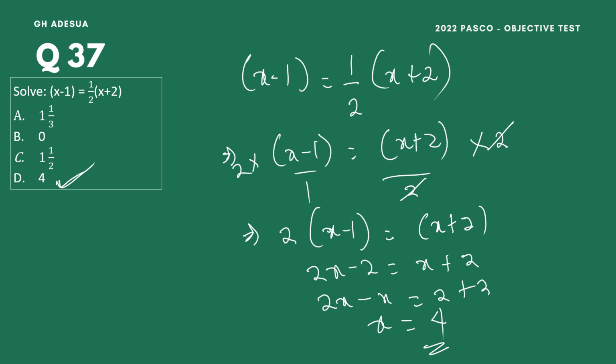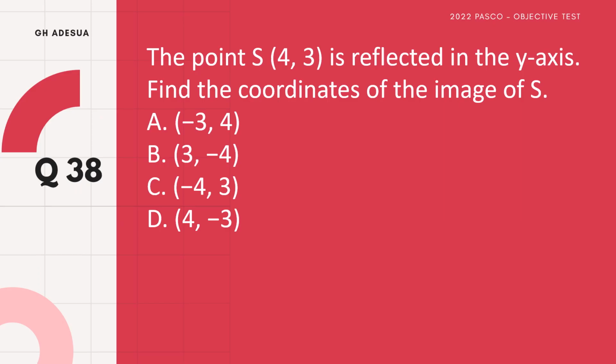Now we go to question 39. The same is repeated here. They say the point S is (4, 3) and S is reflected in the y-axis.